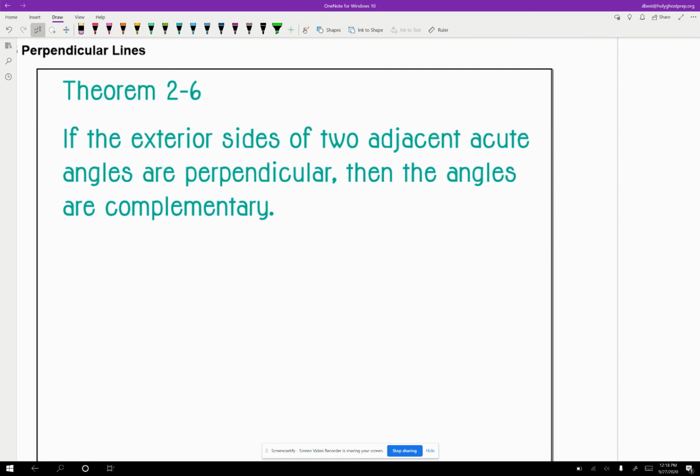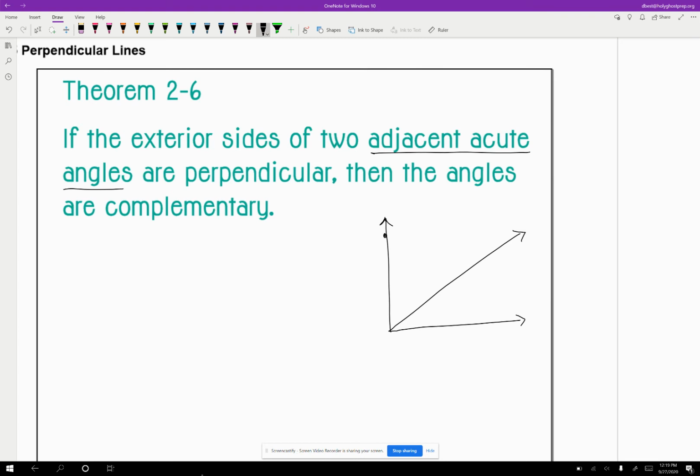It is a problem in our textbook, so it'll get you set up a little bit. And what this looks like, I'll at least give you the diagram here to work with, is we are talking about adjacent acute angles. So first draw yourself adjacent acute angles.